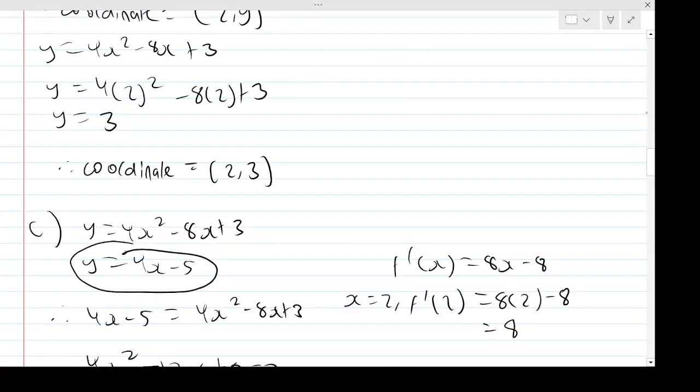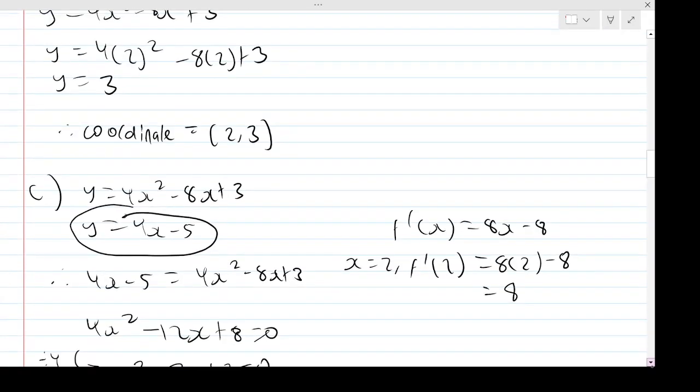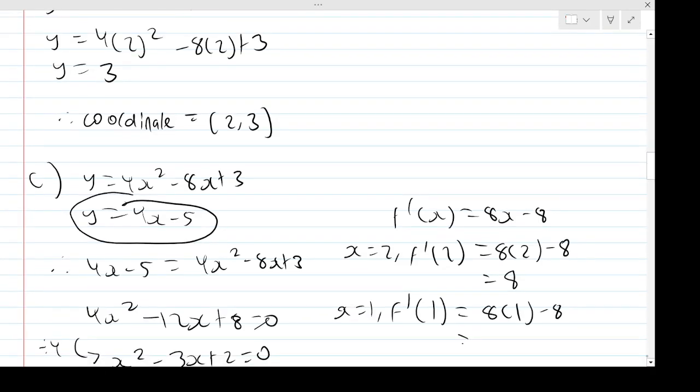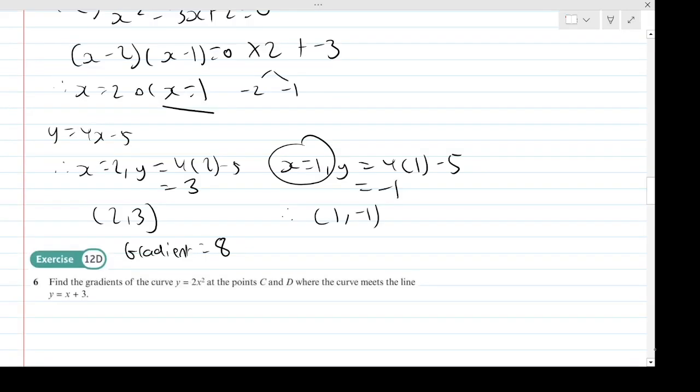If I substitute x is 1 into my gradient function, the gradient at that point is going to be 8 lots of 1 minus 8, 8 minus 8, which is 0. So the gradient at this point is 0. And there we are.